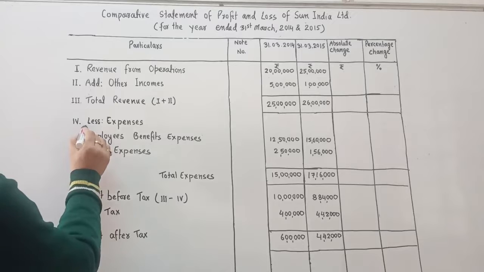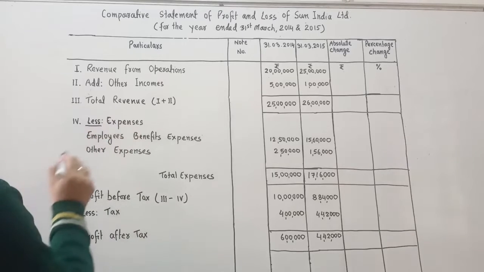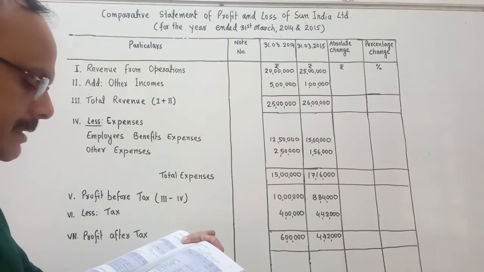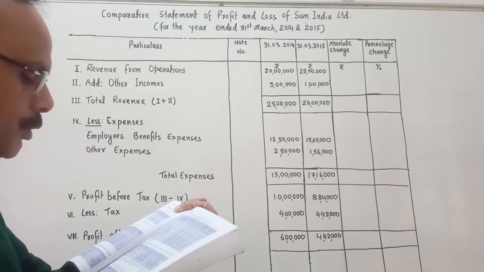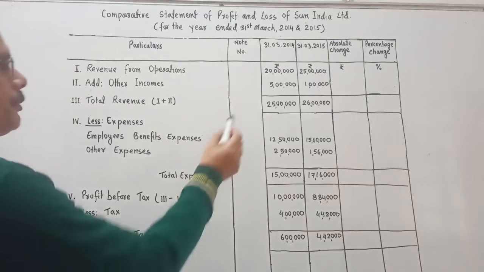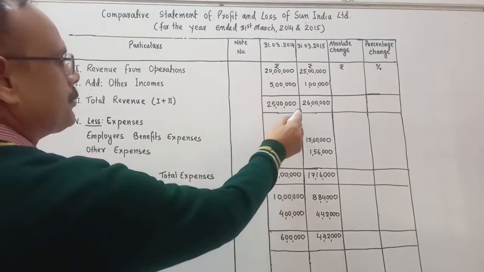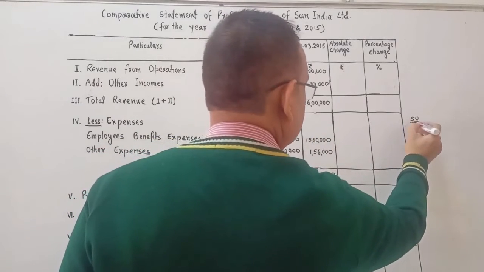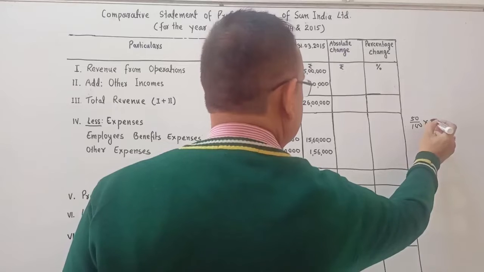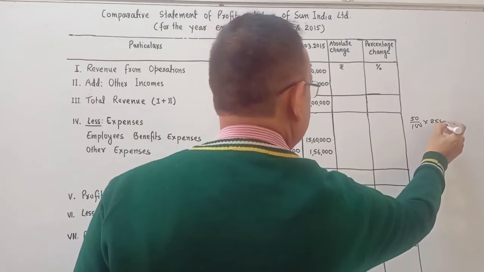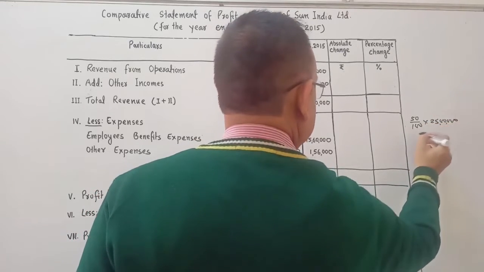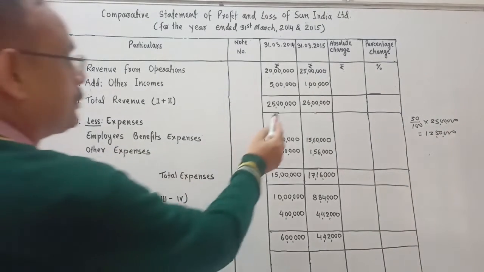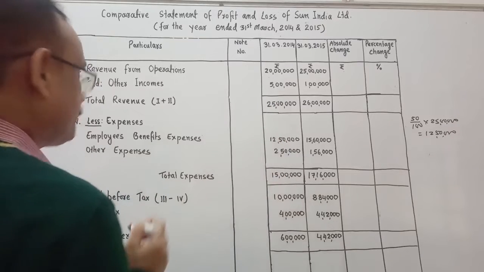Next information is employee benefit expenses. Now you have to write the expenses. Under the expenses, number 1 is employee benefit expenses. In 2014, it is 50% of total revenue. Total revenue is 25 lakhs, so 50% of 25 lakhs is 12 lakh 50,000.